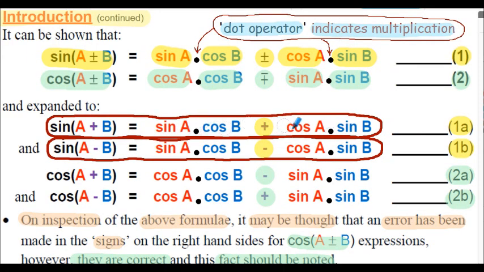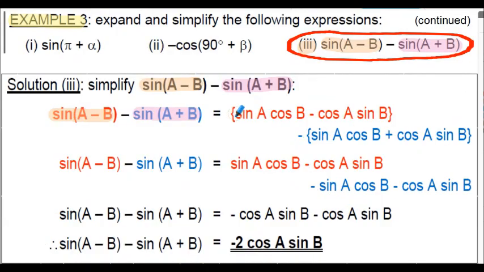So here are the two compound angle formulae we're going to use on this slide. So here's the sine of the difference of two angles expanded. Here's the sine of the sum of two angles expanded. Just notice the change of sign occurs here because there's a negative outside of the bracket here.